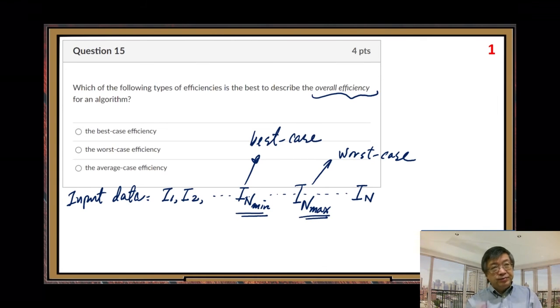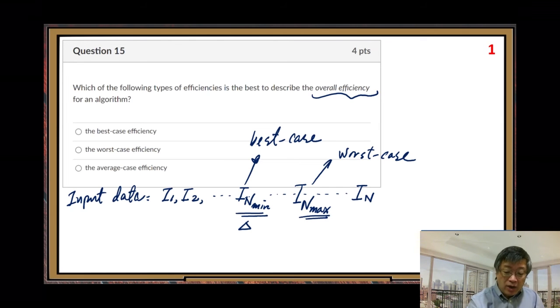Now we want to look at which one is the best to represent overall efficiency. Now, think about that. If you use the best case to represent overall, because this number is smaller than all the other numbers, how can you use the smallest efficiency number to represent all other efficiency numbers?